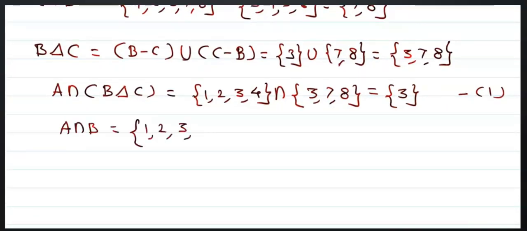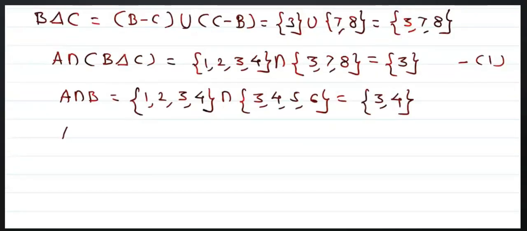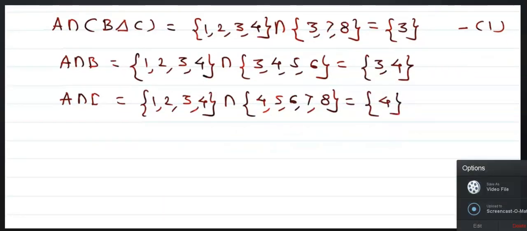Therefore, A intersection B is equal to {1, 2, 3, 4} intersection {3, 4, 5, 6}, that is equal to {3, 4}. Therefore, A intersection C is equal to {1, 2, 3, 4} intersection {4, 5, 6, 7, 8}, and we have only the single element 4.